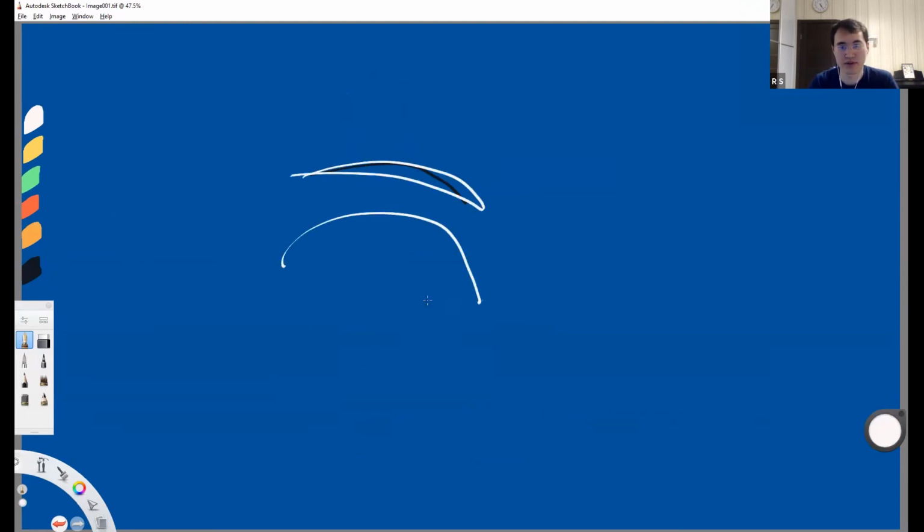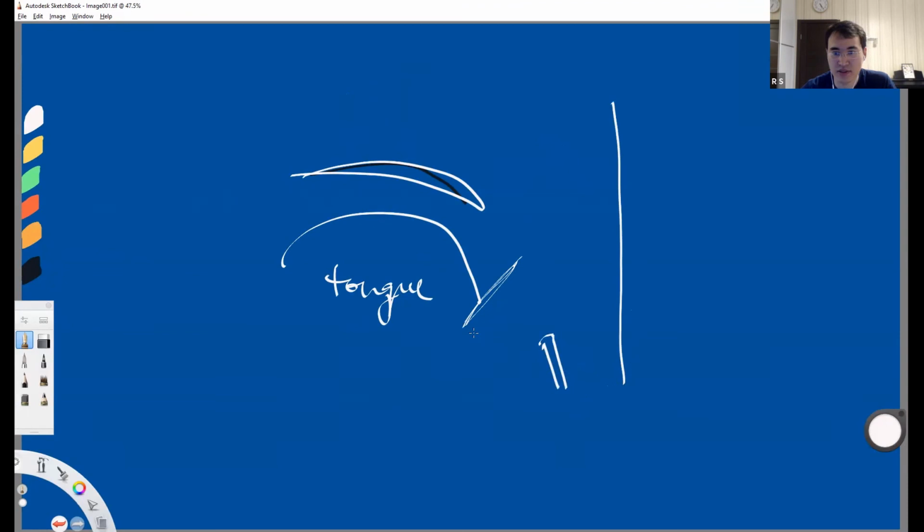You have your tongue here and epiglottis here, and the esophagus and larynx. So this is the larynx and this is the esophagus. This is for adults or children older than, I guess, 3 or 5 years. So we need this epiglottis to move down.